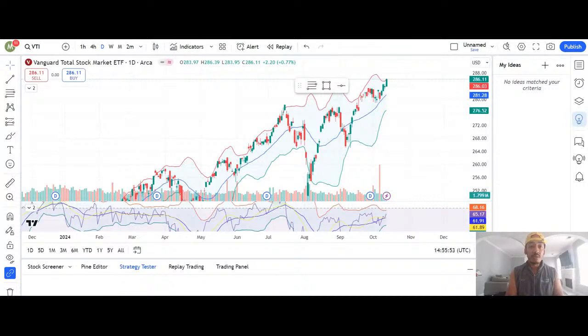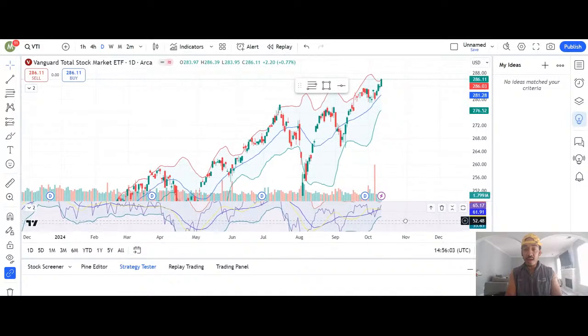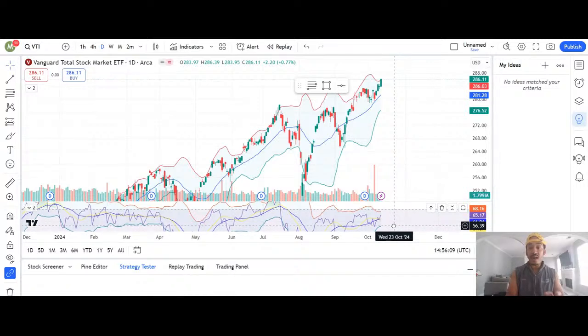Because if you're just going off of the usual 70 and 30 as overbought and oversold, the bottom of the Bollinger Band is here at 55. So you know that, okay, 55 is oversold. It's not going to go all the way down to 30 or whatever. So the Bollinger Band on top of the RSI, love that indicator.